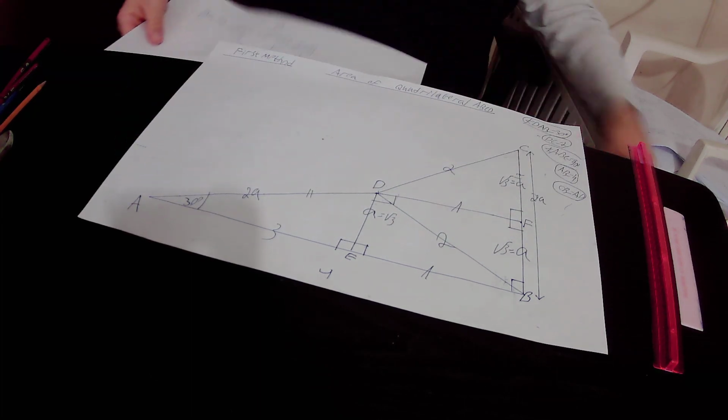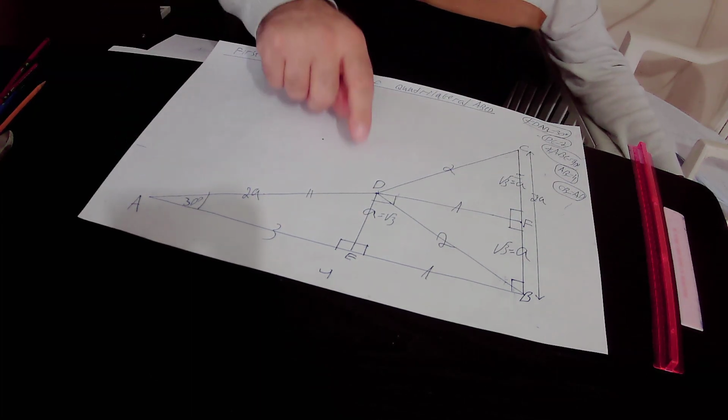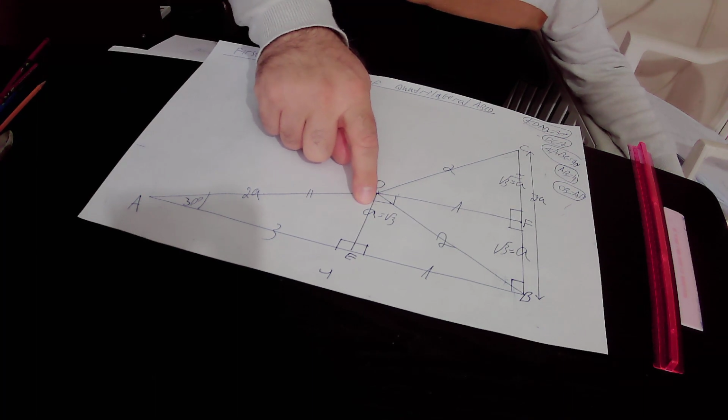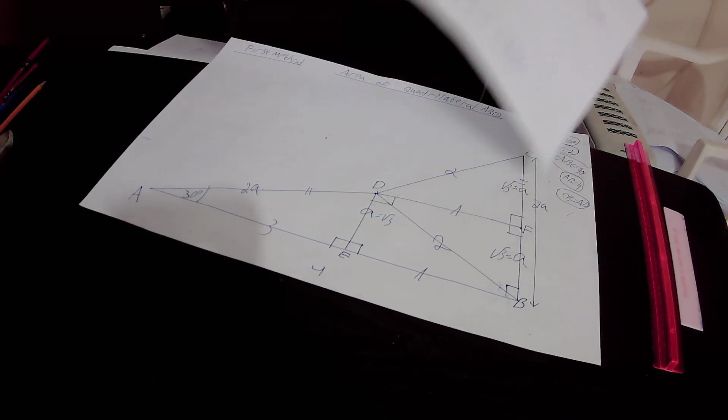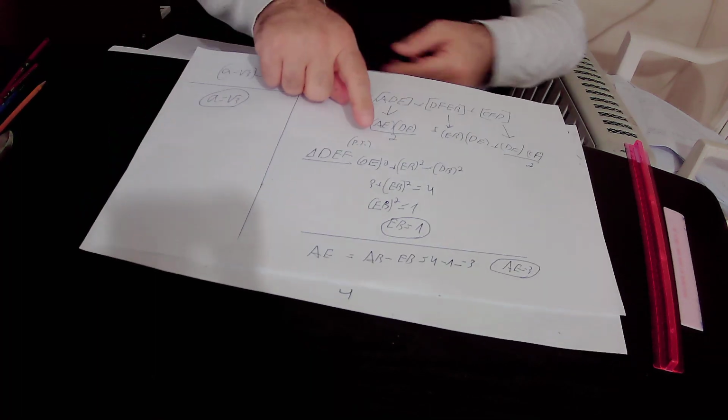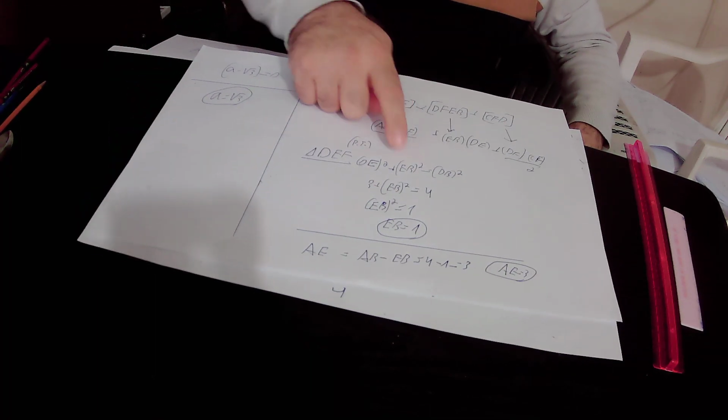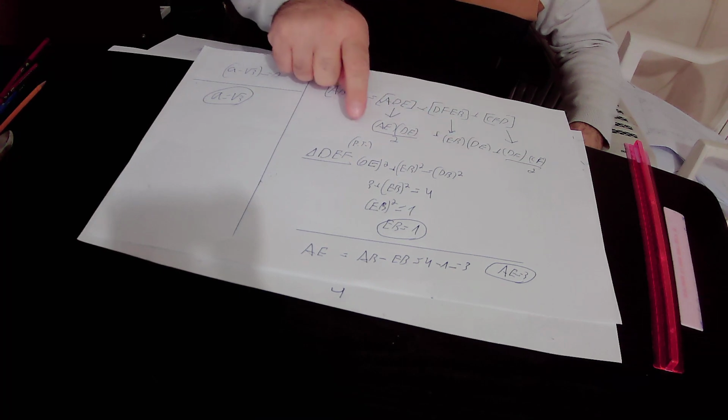We know that DE squared plus EB squared equals DB squared. This is the Pythagoras theorem.